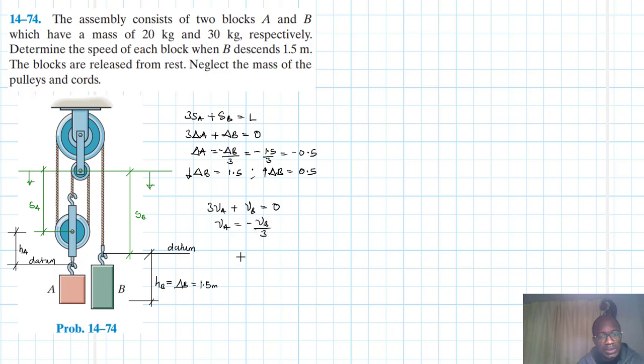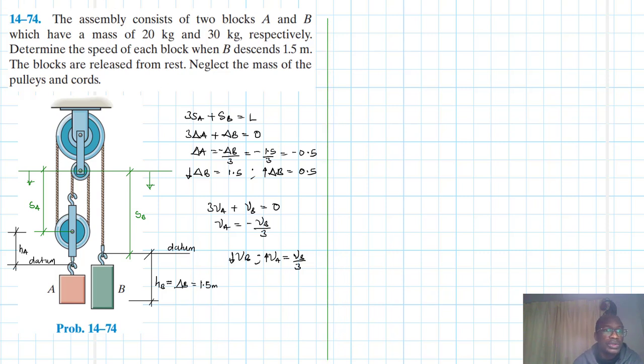So we can say VB is going down while VA, which is equal to VB divided by 3, is going up. So that is how we can relate it. With this information, it should be enough for us to begin doing the work.